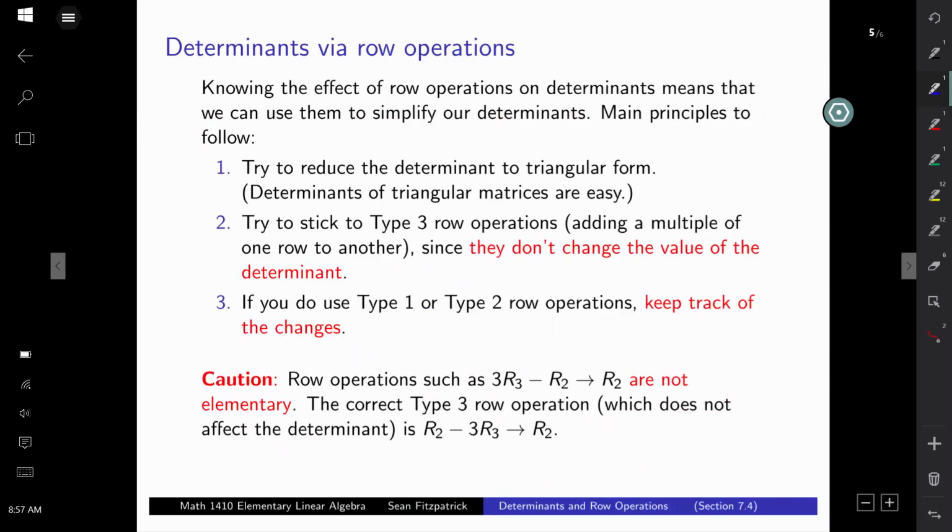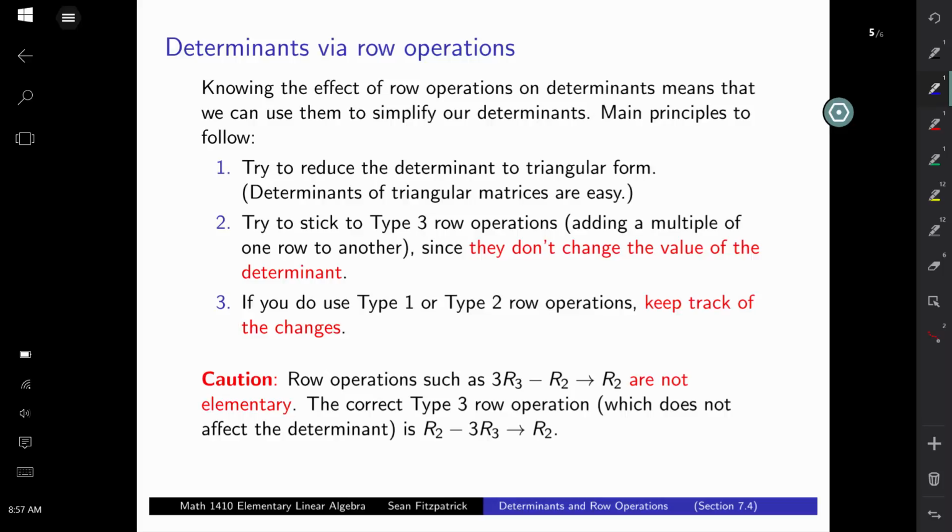Okay, so how do we use this to calculate determinants? Well, we use our row operations to try to get our matrix down to triangular form, because we know that determinants of triangular matrices are easy. A general rule of thumb is that you should stick to that third type of row operation, because those don't change the value of the determinant.